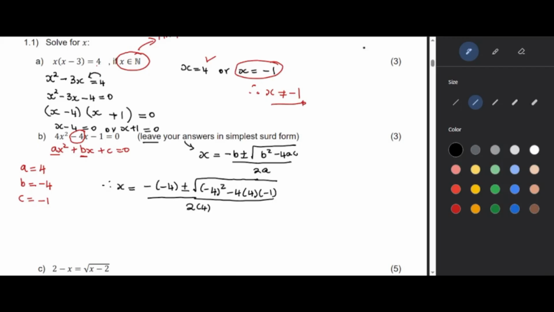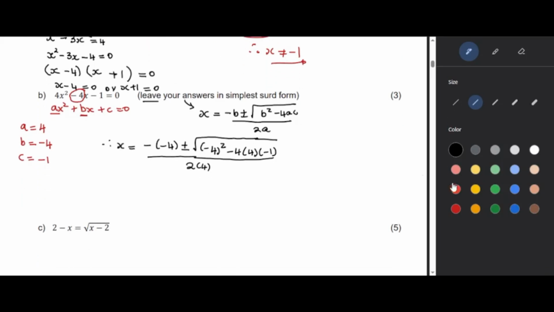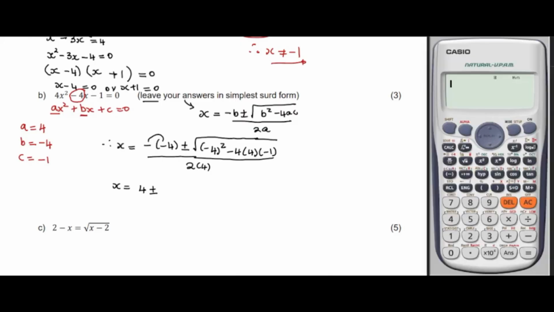Okay, so now to put this in the simplest surd form, I'm just gonna try and work this thing out. So x will be equal to, multiply this 2, minus and a minus, that's positive 4, plus or minus. So I'm just gonna punch into the calculator whatever I have inside the bracket.